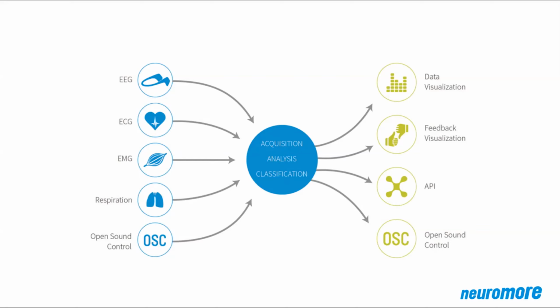And usually with a couple of lines of code, you can make your pre-existing application, either an input or output stream, talk OSC, and by doing so, you can connect it to the neuromore platform.